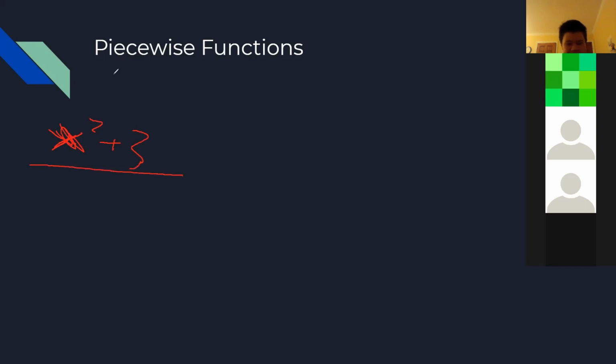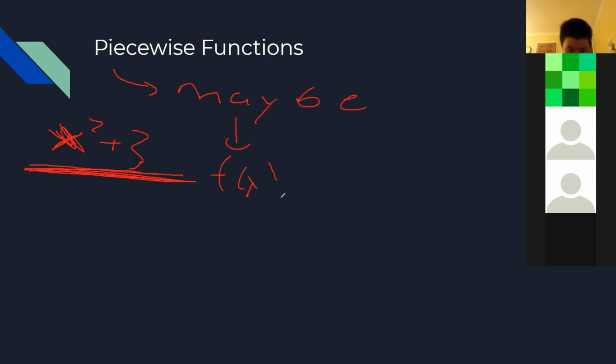I mean, piecewise functions may be continuous, but I'm using a vague sense of continuous, like it follows only one rule. What a piecewise function does is it assigns multiple rules to different intervals.